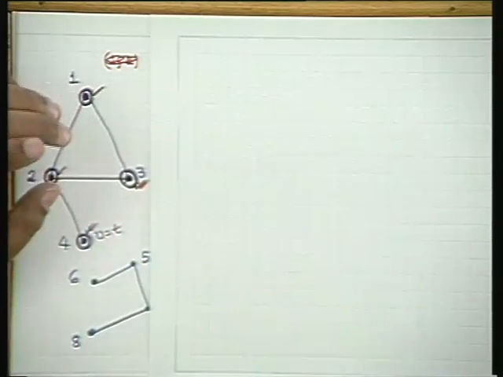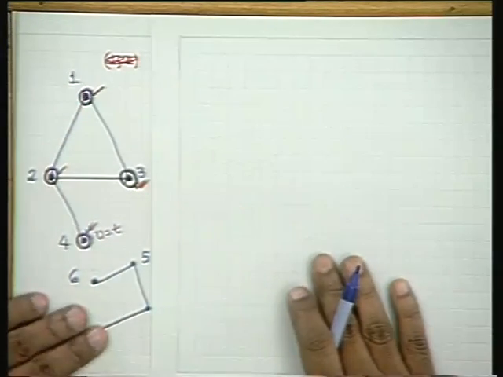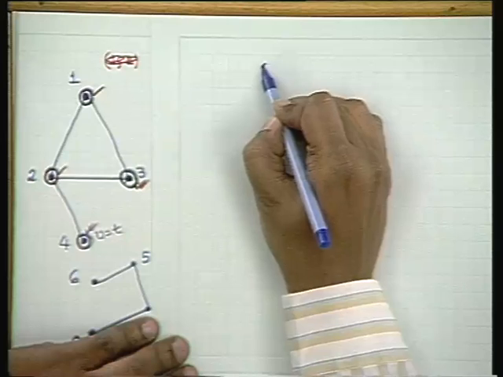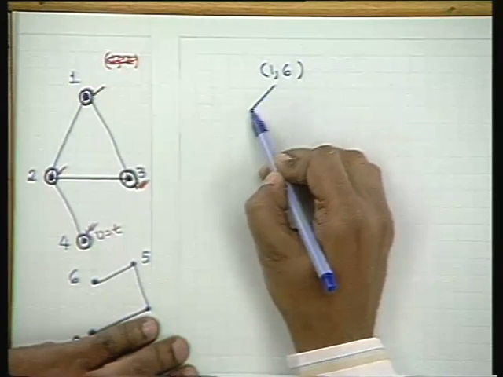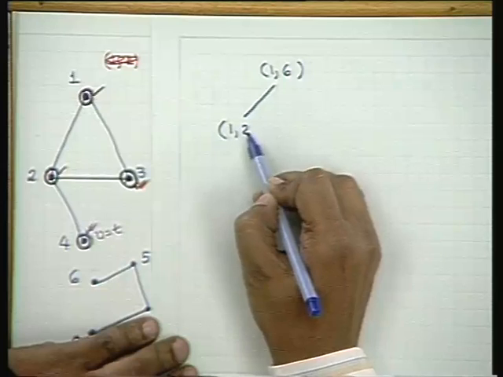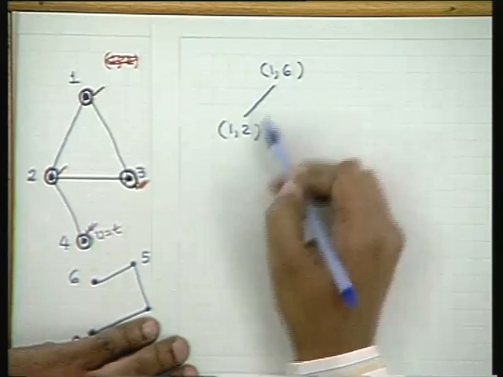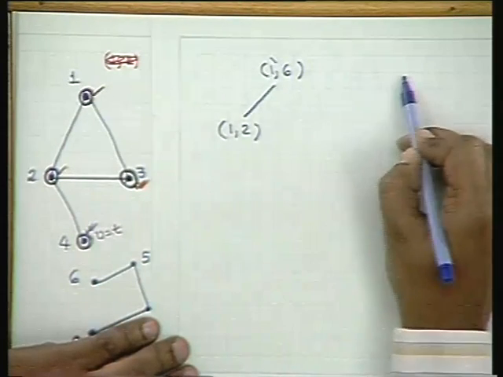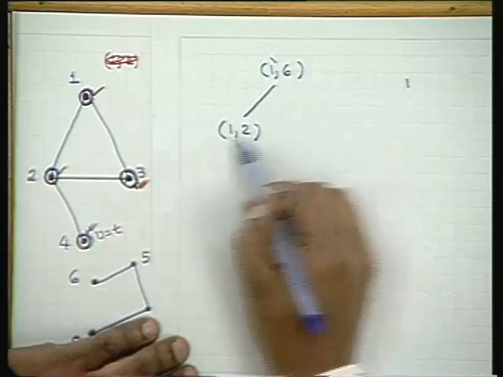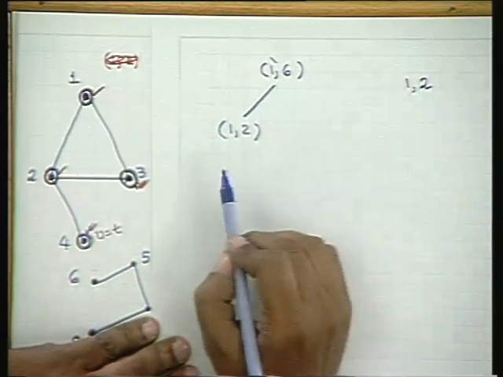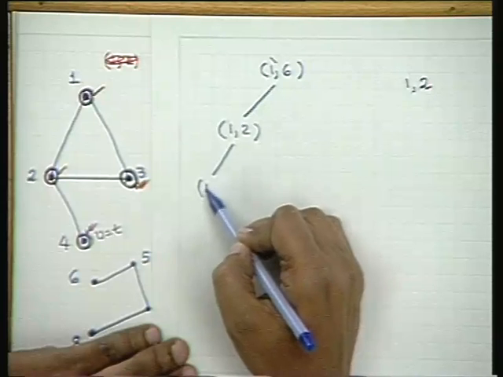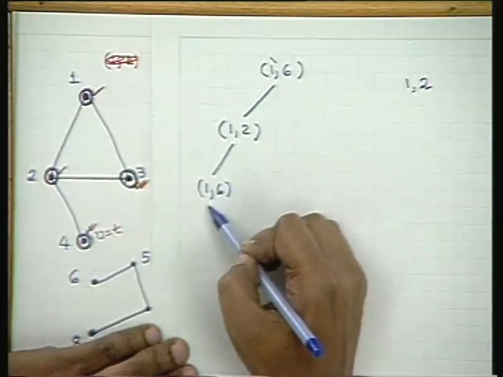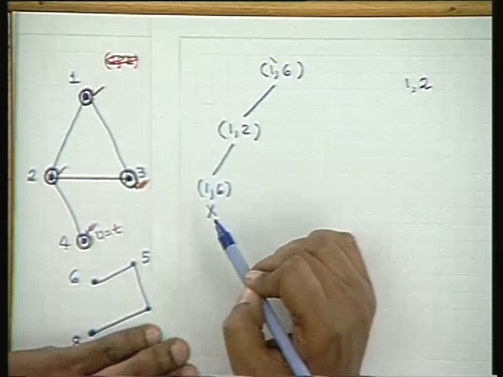Suppose we are given search 1, 6. To search 1, 6, we will start searching with 1, 2. So 1 is visited, we will come here, 2 will be visited. From 2 we will try to see 1, 6, but since this is visited, we will come out.